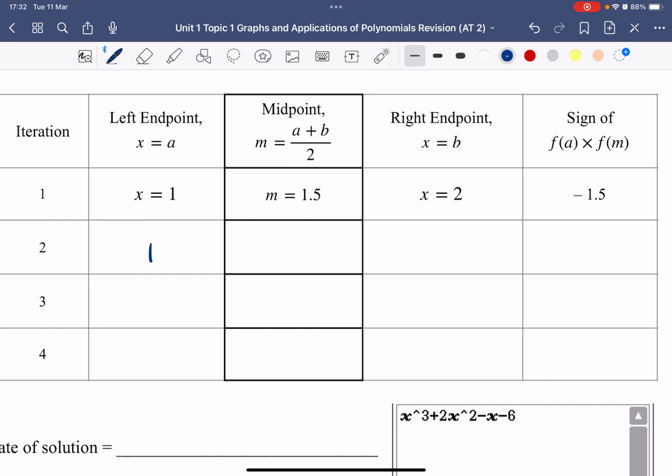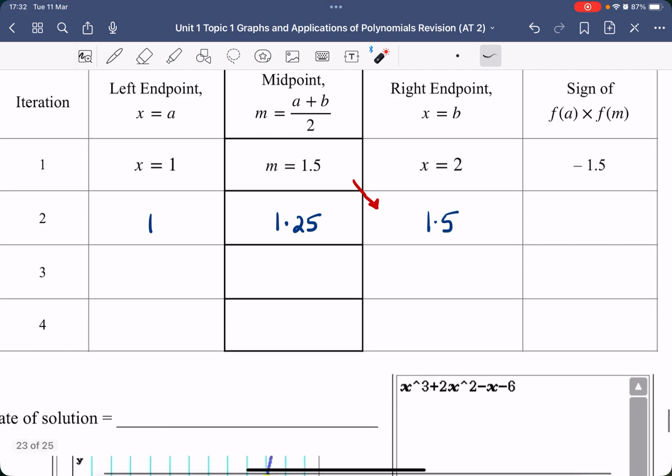We put a 1 there, that stays there, but this midpoint becomes the right endpoint. And we find the midpoint between 1 and 1.5, 1.25. Now we have to work out f of a times f of m, and we'll do that on our calculator.